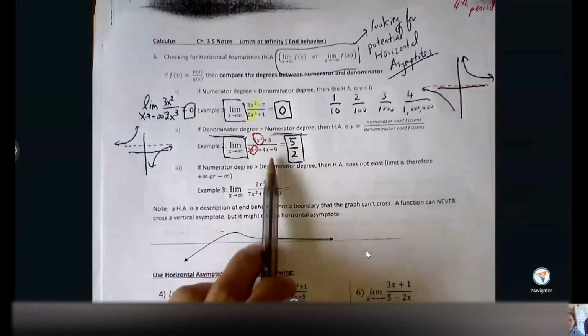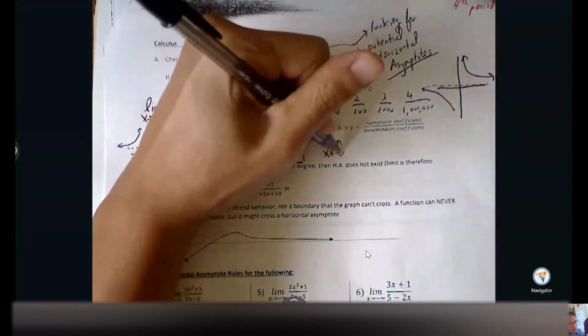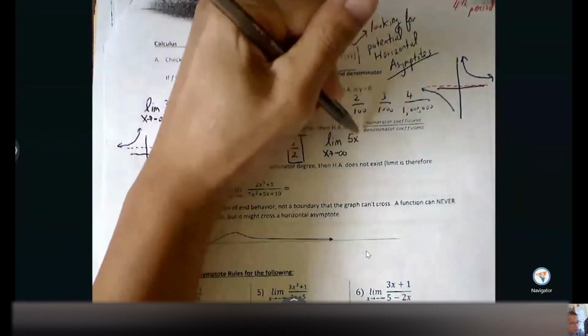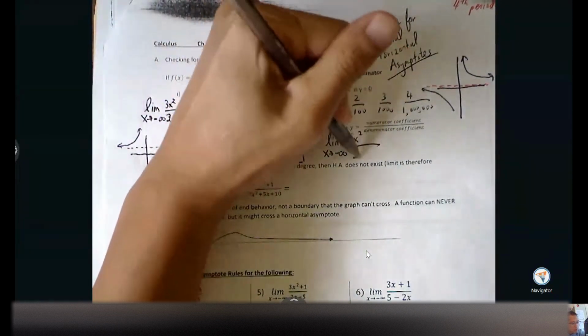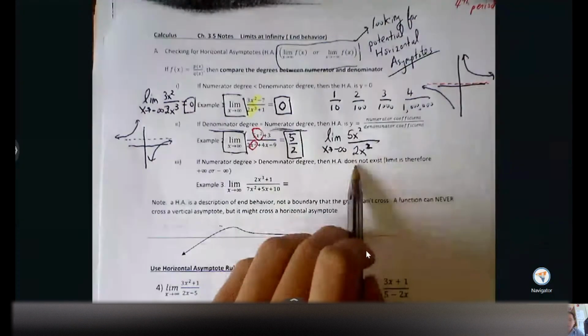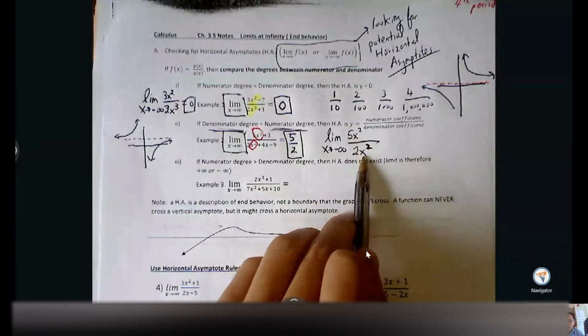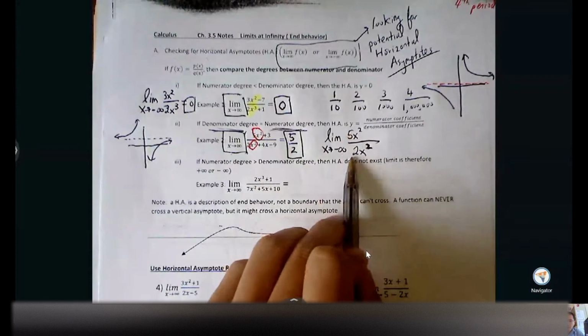Let me give a related scenario here. Oh, sorry, squared. Again, degrees are the same. We just take the ratio of the coefficients, so also 5/2.